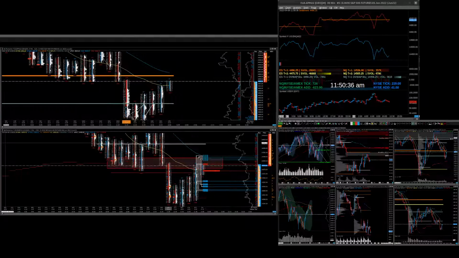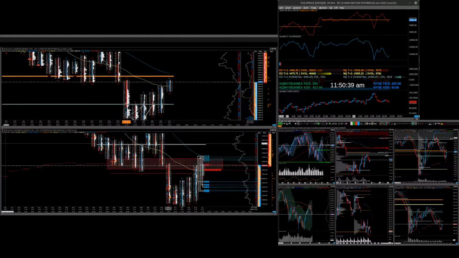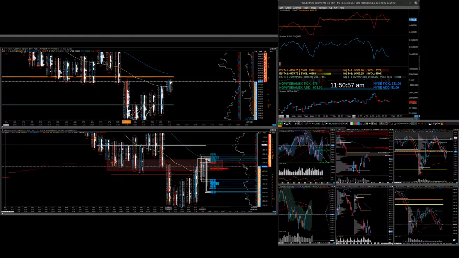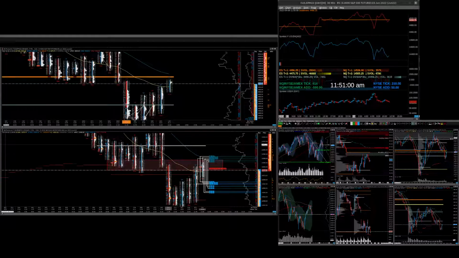Come on, NASDAQ. There you go. Big. Oh, I want that. That 89 lot right there. Was it 89? It was just 89 contracts there on the NASDAQ. That's someone paying up. Alright, and we can get rid of that one lot up there. We stop out, we stop out.